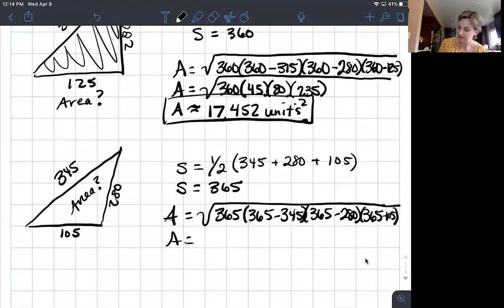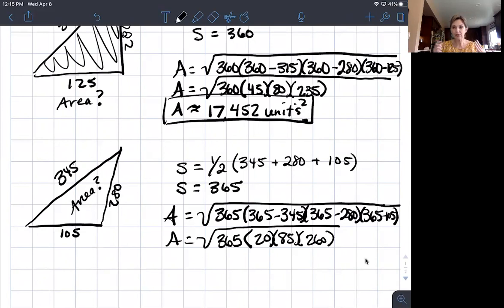Let's simplify that a little bit. That would be 20. 365 minus 280 is 85. And 365 minus 105 would be 260. Multiply all those, take the square root, and hopefully you got the same answer as me, 12,702 units squared. Is that what you got?